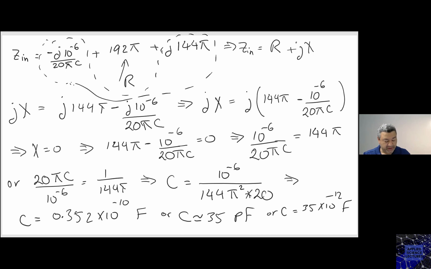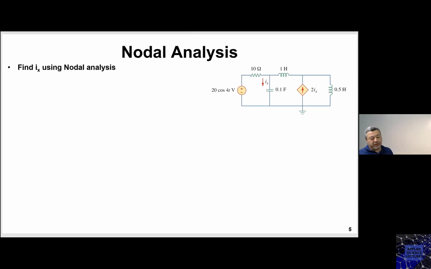Okay, so basically this is how we found the value of the capacitance when the total impedance is resistive. Now let's move to our last example here. In this example, we will be applying the nodal analysis in AC steady states in order to find the current Ix.